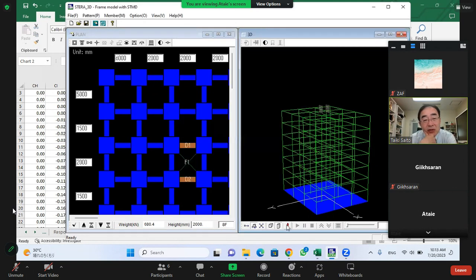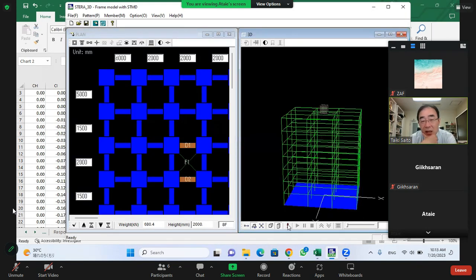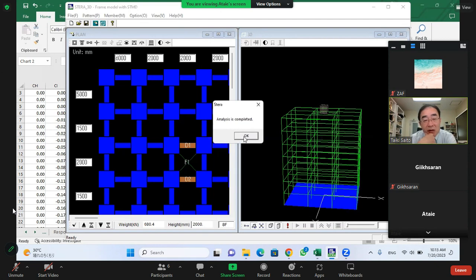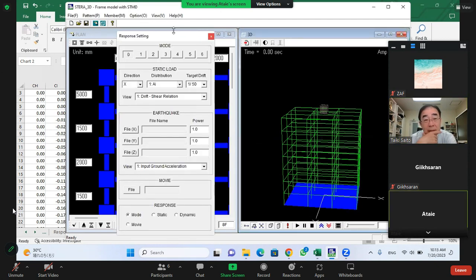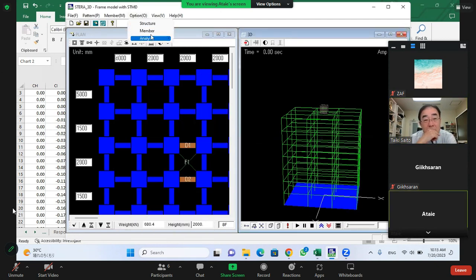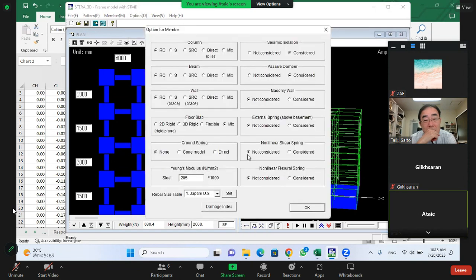And I believe this result should be similar to the lumped mass model because the freedom is only horizontal direction. This should be linear, sensei? Linear is okay. Okay, sensei.